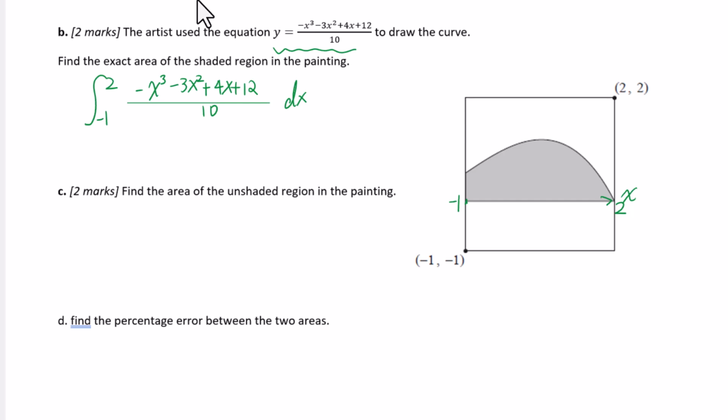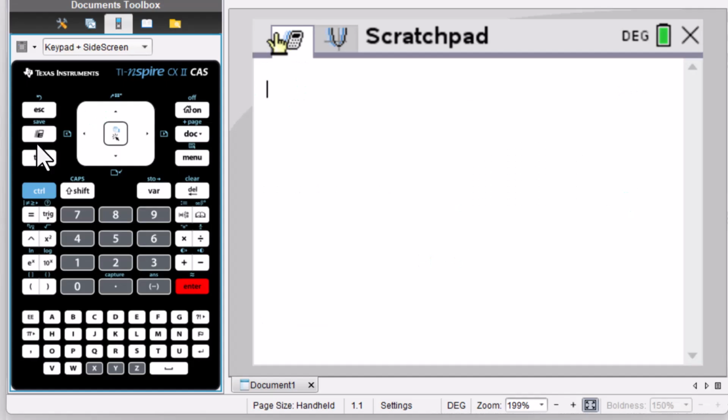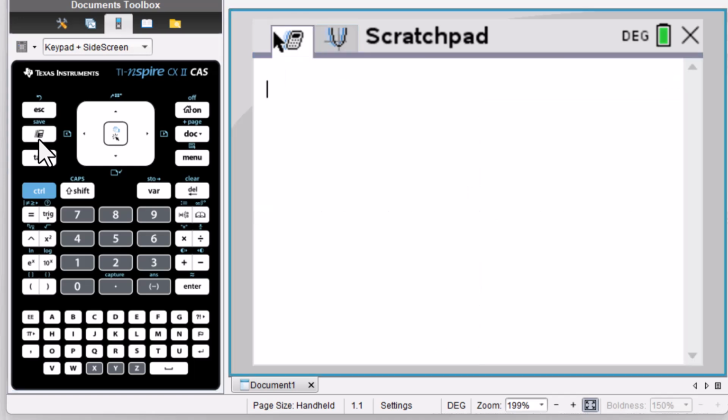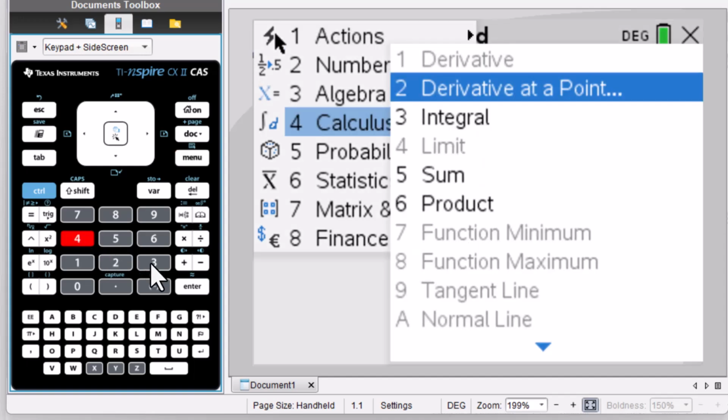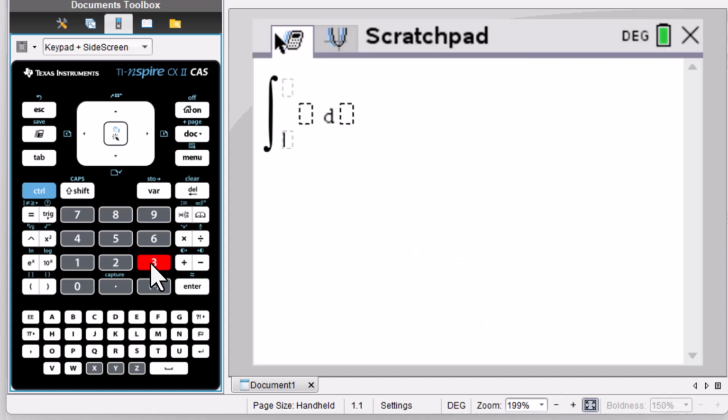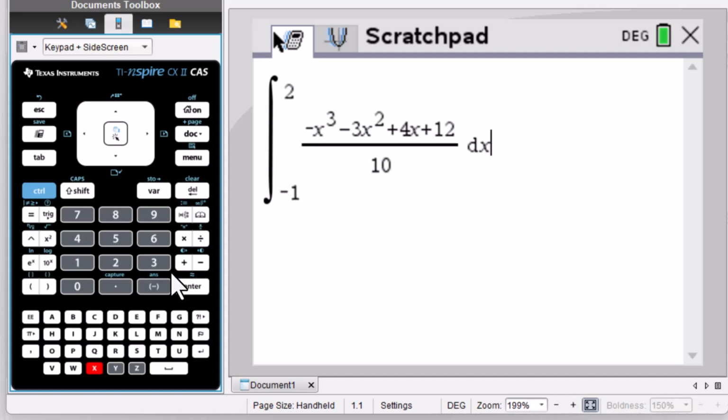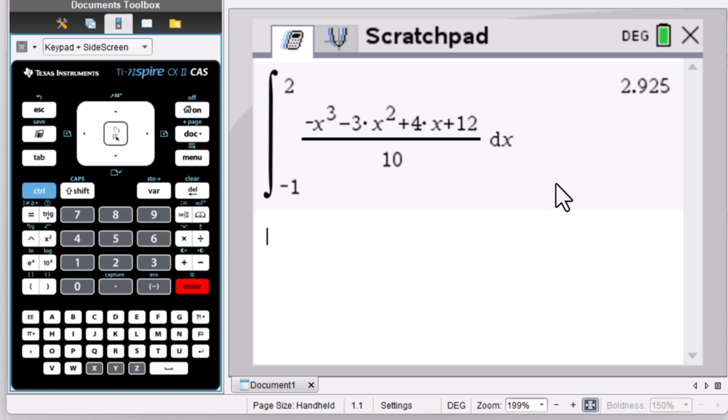Put this into the calculator. Let's go to the scratch pad. Go to menu, 4, 3, integral. Or you can get this by shortcut, Shift plus. Type in the values and dx, then enter. The answer is 2.925.